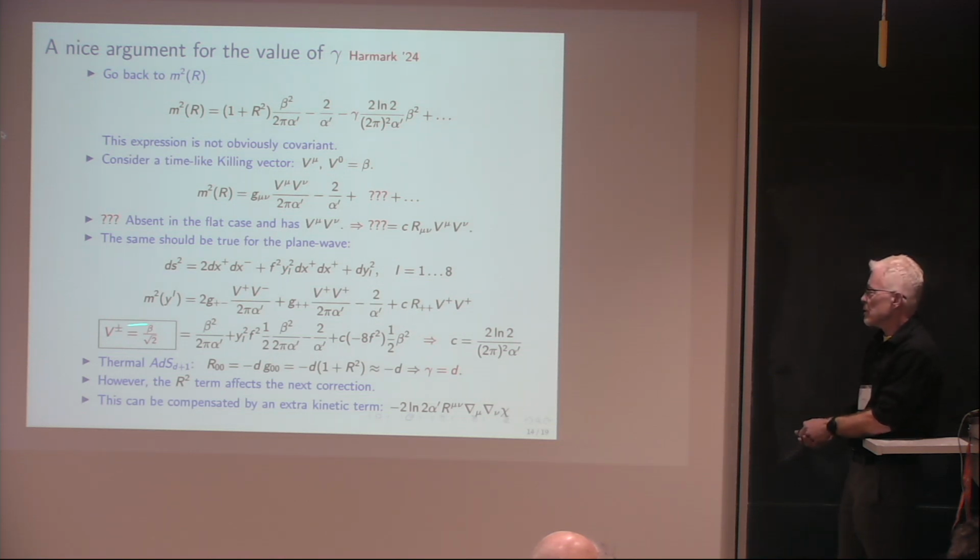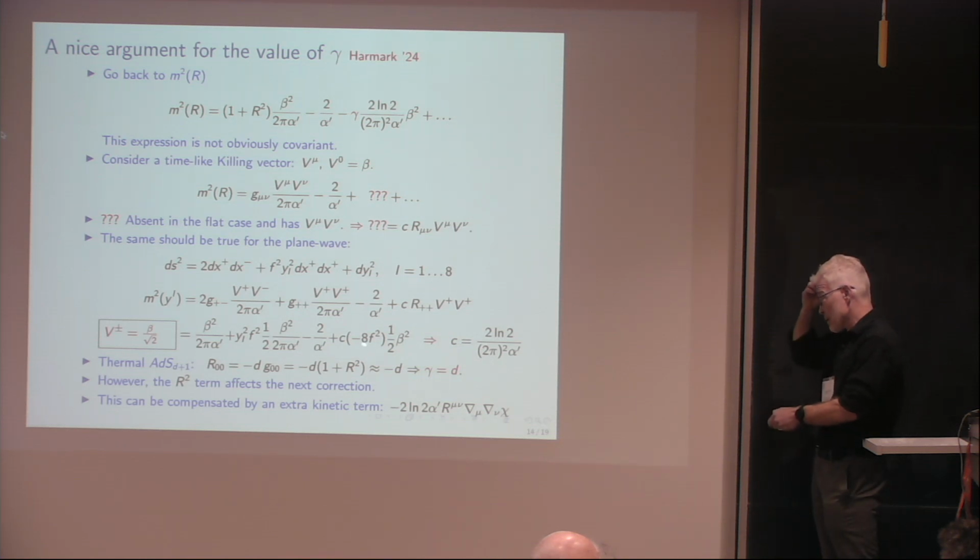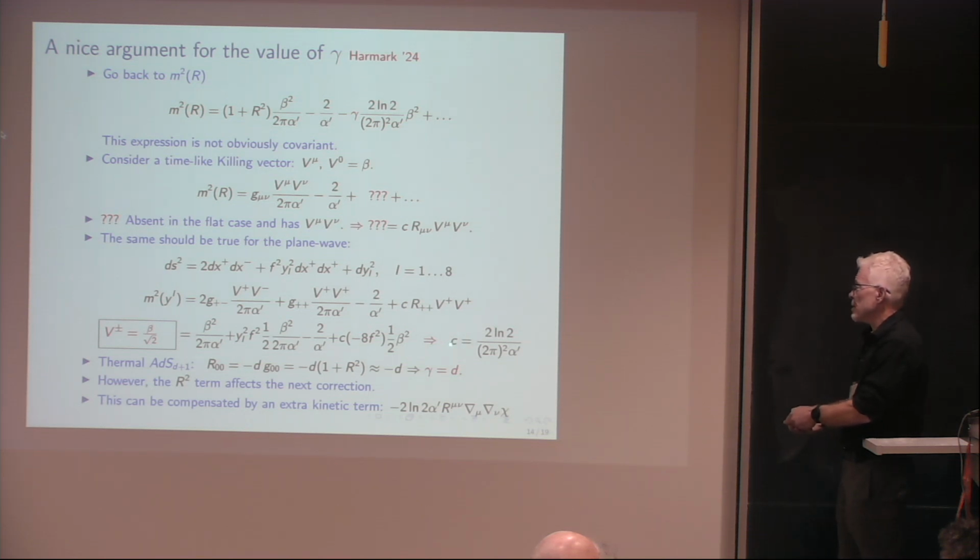So this is equal to that. You substitute it in, and you find the Hagedorn temperature for this. R is minus 8 f squared. And so you find that this constant to match the Hagedorn temperature is 2 log 2 over that. So that's what I said before.